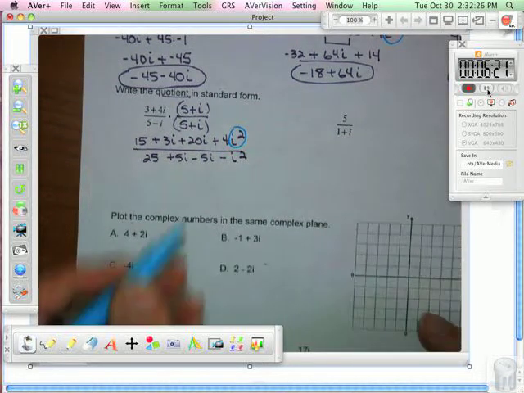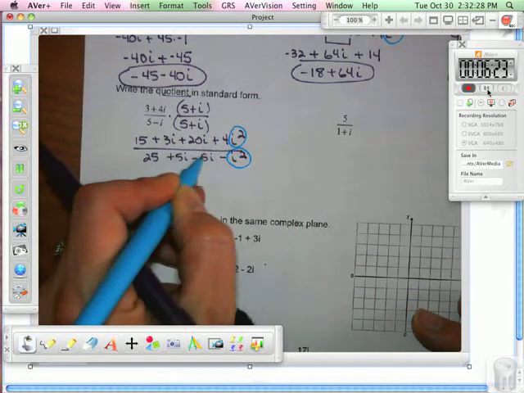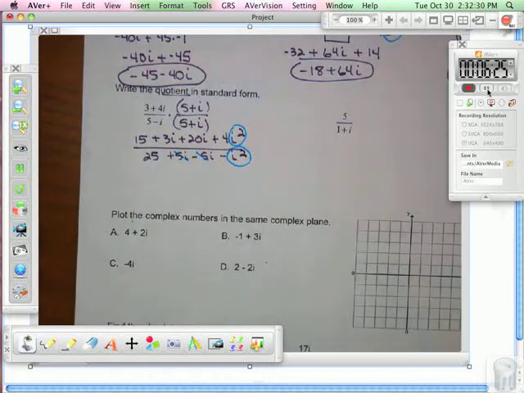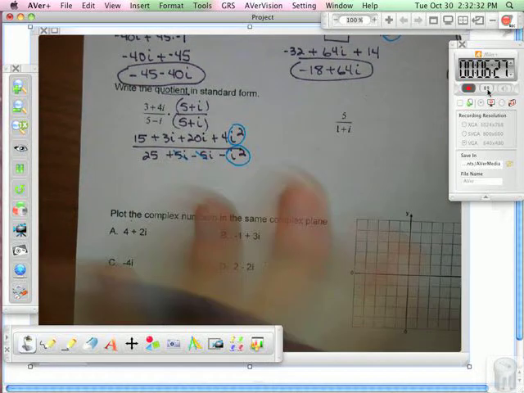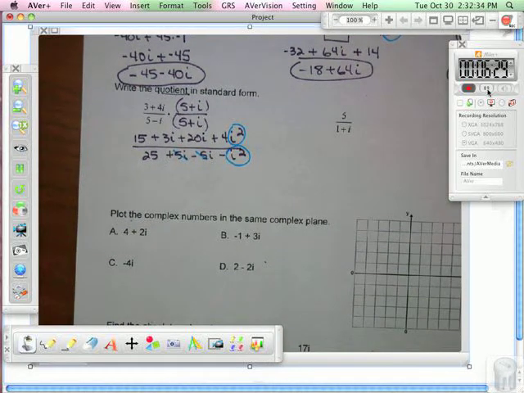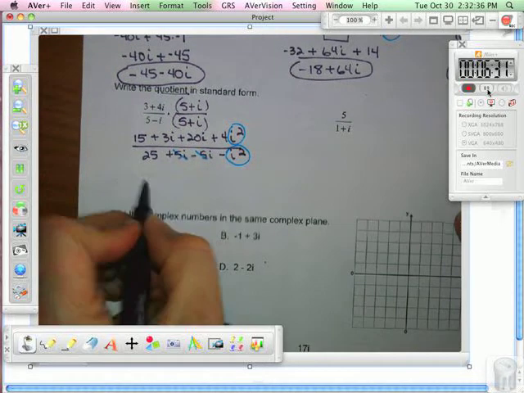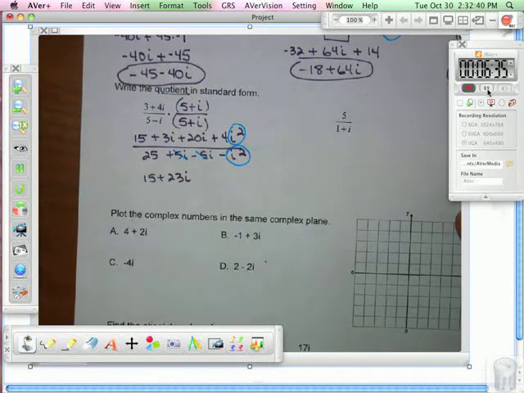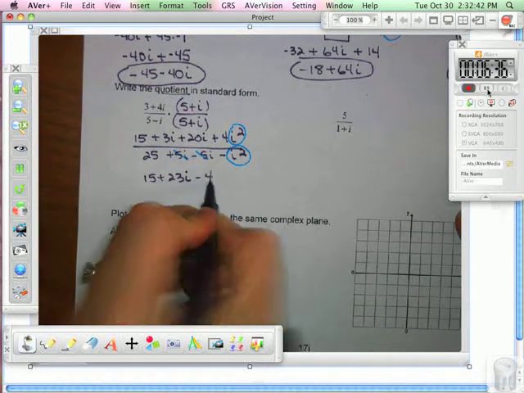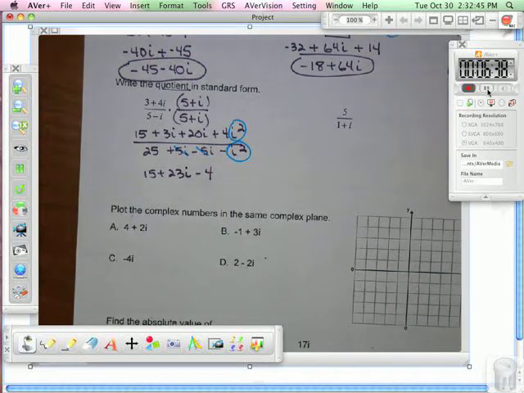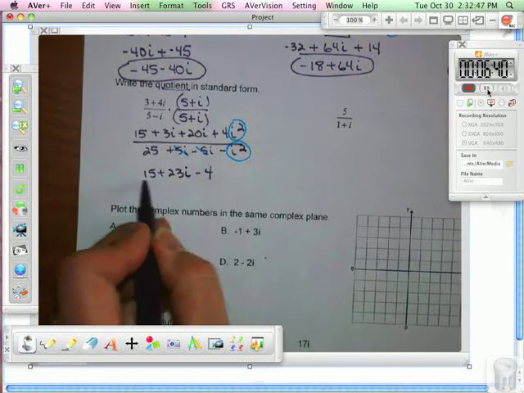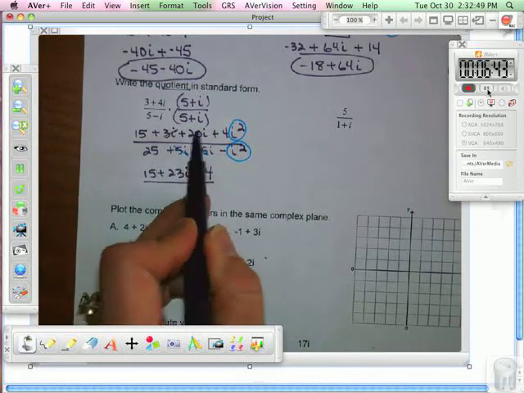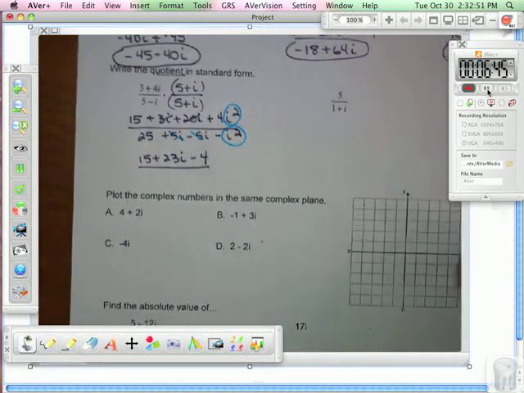Now I got to work with this, and these two go away. So let's simplify our numerator a little bit. We got 15 plus 23i minus 4, so 11 plus 23i.